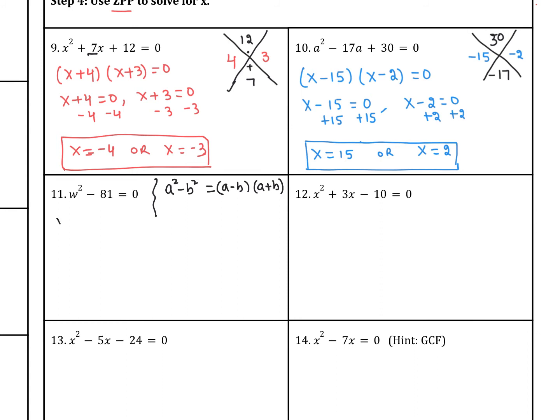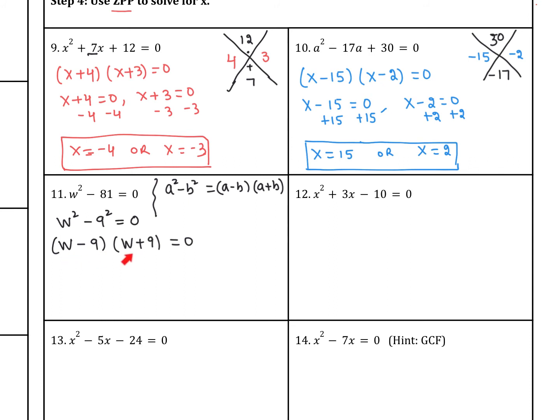In this one, you can rewrite this as w squared minus 9 squared equals 0. You compare this as a squared minus b squared, where a is w and b is 9. To write them into factor form, you write w minus 9 times w plus 9 equals 0.